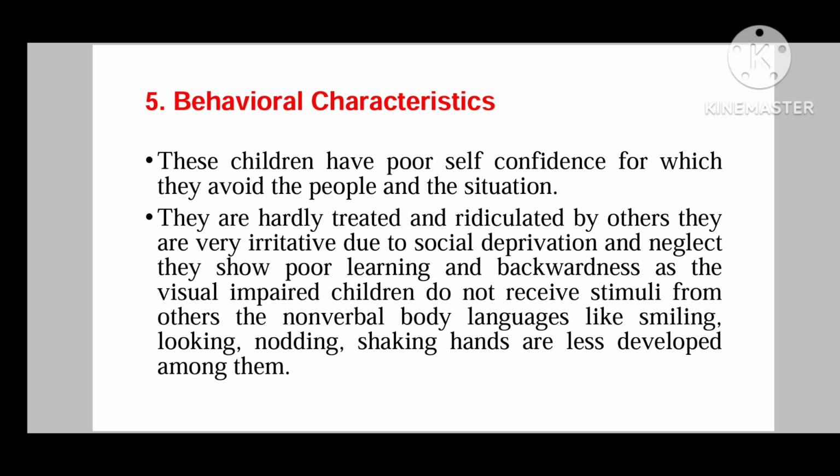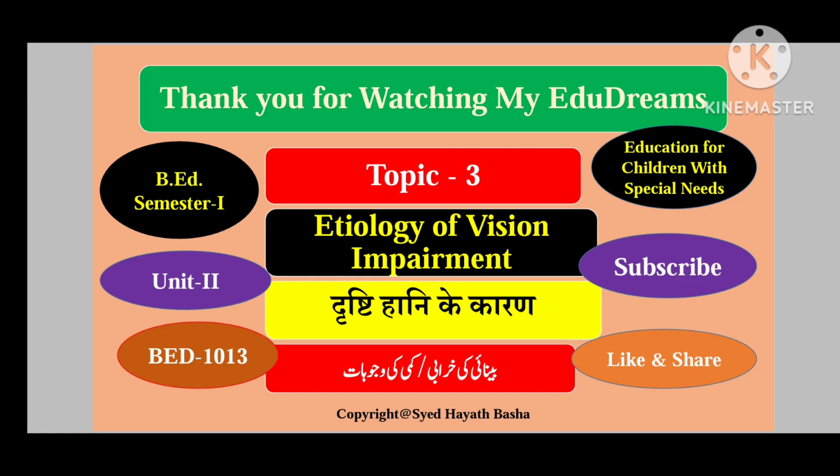Their body language is also affected, like smiling, because they cannot smile properly and they cannot look properly, they will nod the head and they cannot shake hands properly. So with the help of non-verbal language also they show poor learning. So these are the behavioral characteristics.